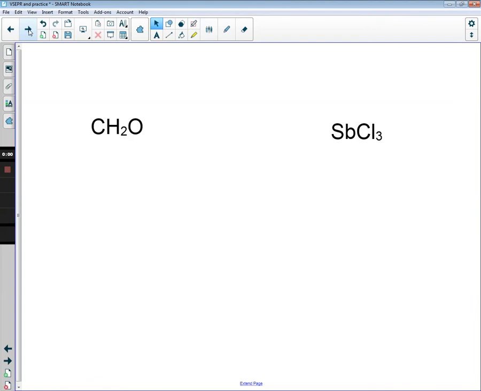So now I've got CH2O and I've got SbCl3. Which one would you like to tackle first? CH2O. Okay, so I've got a carbon and I have 4 electrons on it.